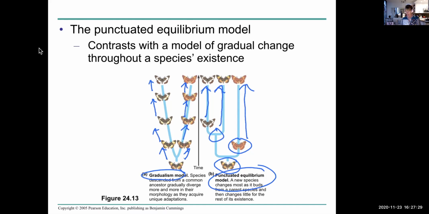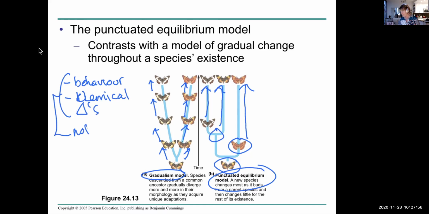Most change, like here we're looking at morphological change, but most change is not even fossilized. For example, you can't fossilize behavior. So if behavior changes, there's no fossil record of that. You can't detect chemical changes, biogeochemical changes. So these are things that are not fossilized.